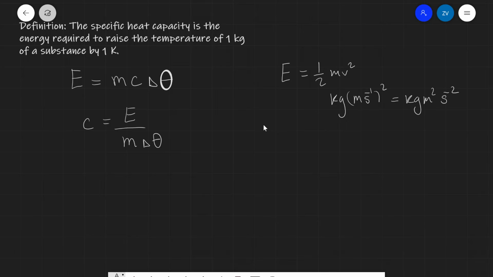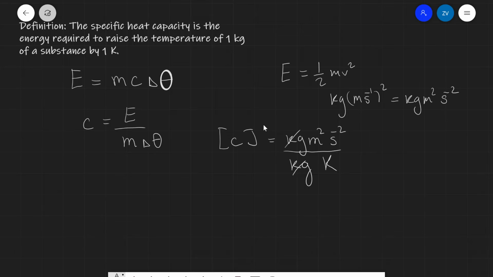Okay, well, this means that the base unit for the specific heat capacity, I'm just using these brackets to showcase that we're talking about the units, will be equal to kilograms meters squared s to the power of -2 divided by kilograms, because m is the mass, and then the change in temperature, which is going to be given in Kelvin.